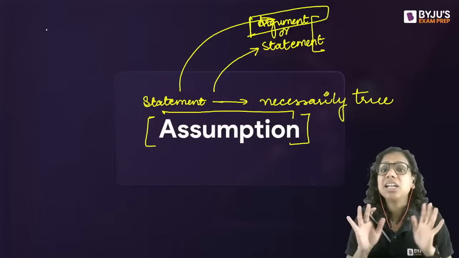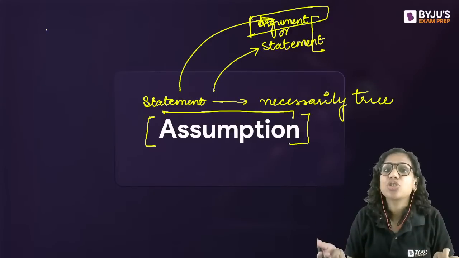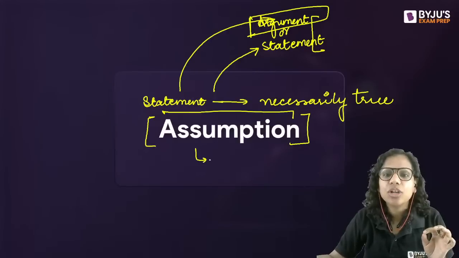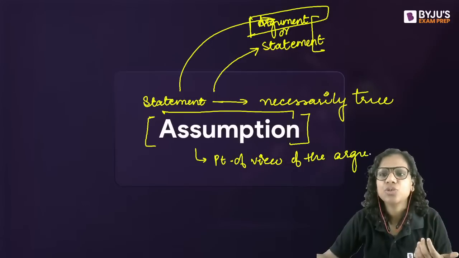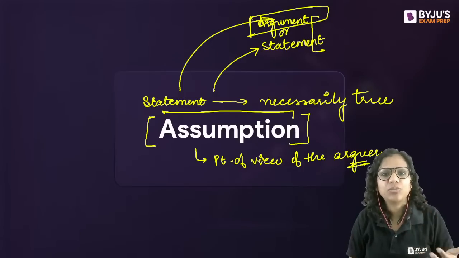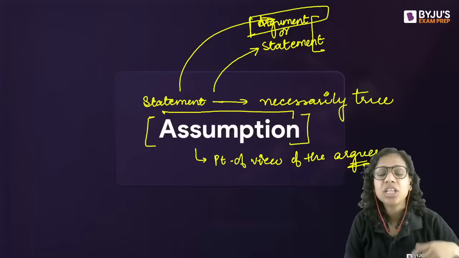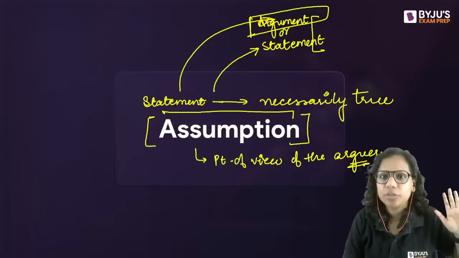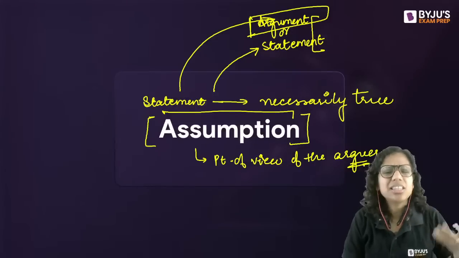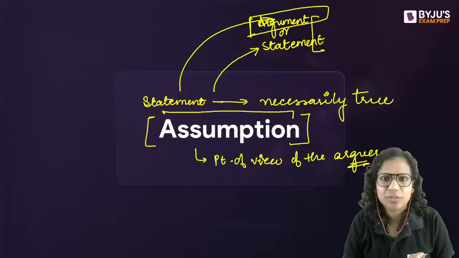In reality, that may not be true, but my assumption is this. So, assumption is always from the point of view of the speaker, from the point of view of the arguer, the person who makes the statement. So, if I tell my sibling to go to the market, this is my assumption that my sibling can go to the market. In reality, that may not be true, but if I don't think this, then I'll logically not tell my sibling to go to the market.